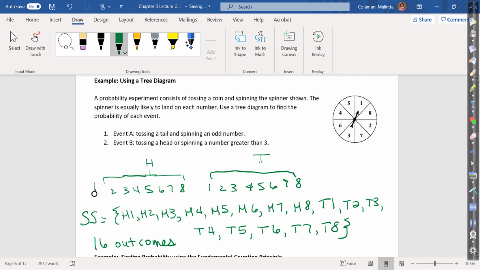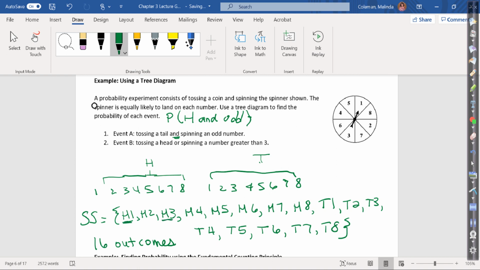So now let's read the question carefully. The event is tossing a head and spinning an odd number. So what is the probability that we get a head and odd? If I look at my sample space, this would be a head and an odd number.